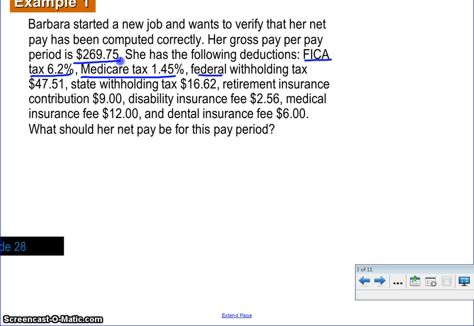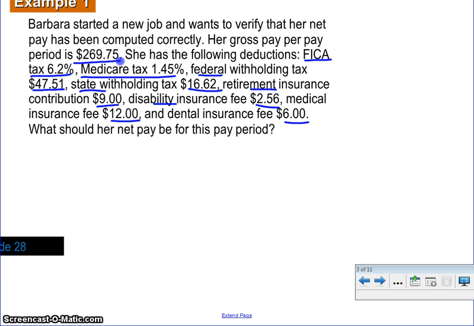She has federal withholding of $47.51, state withholding of $16.62. She pays retirement insurance of $9 and disability insurance of $2.56. She has medical insurance of $12 and dental insurance of $6. And you might be wondering, is that normal? Yes, unfortunately, we have a lot of deductions that come out of our account.